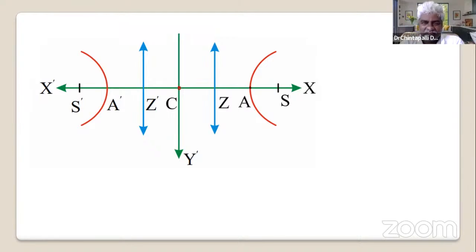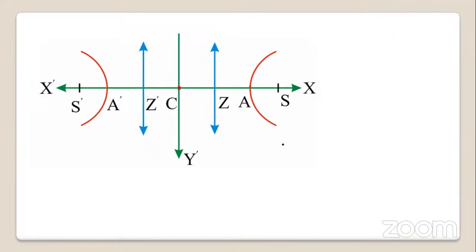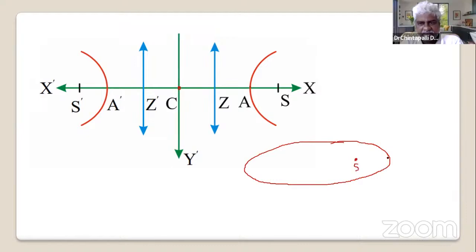The position of vertex with focus when compared to ellipse. In ellipse, it is focus, it is vertex.